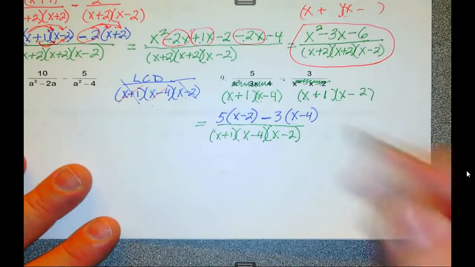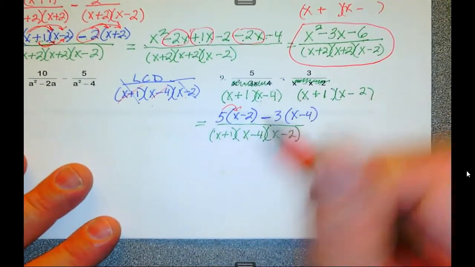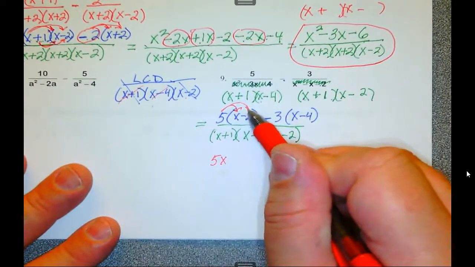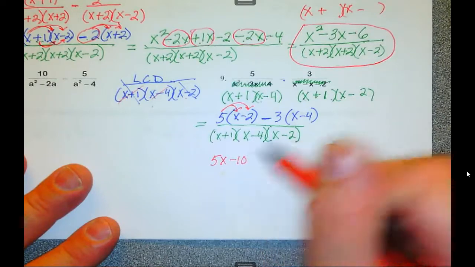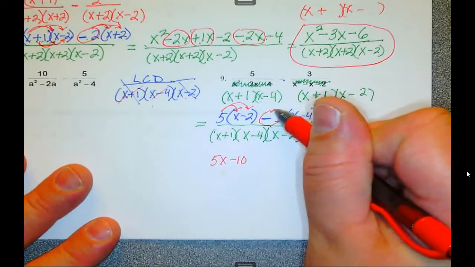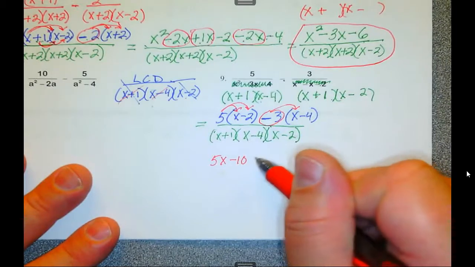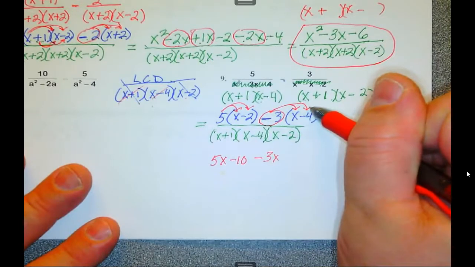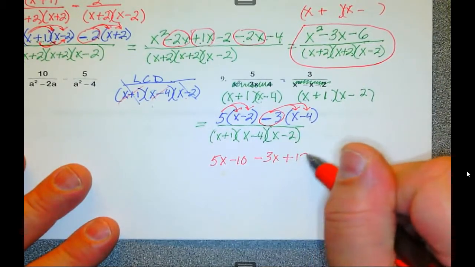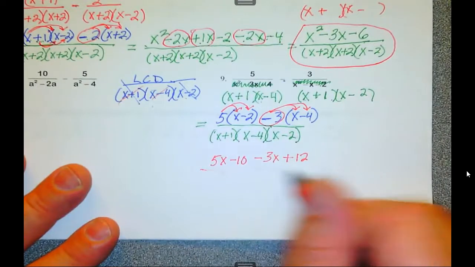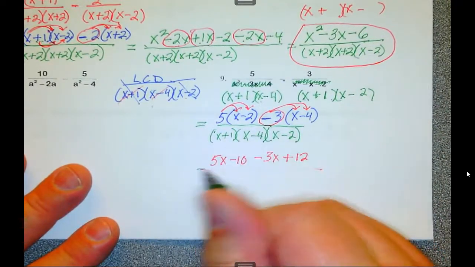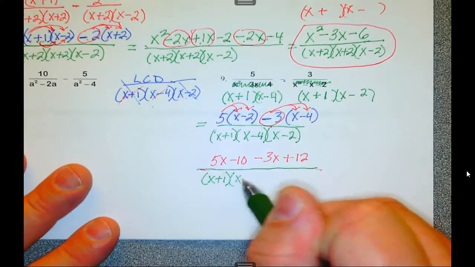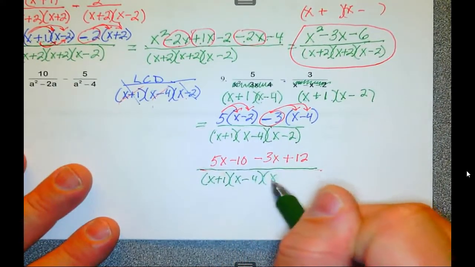Okay, simplify. 5 times x is 5x. 5 times negative 2, negative 10. Negative 3 times x, negative 3x. Negative 3 times negative 4, positive 12. All over x plus 1 times x minus 4 times x minus 2.